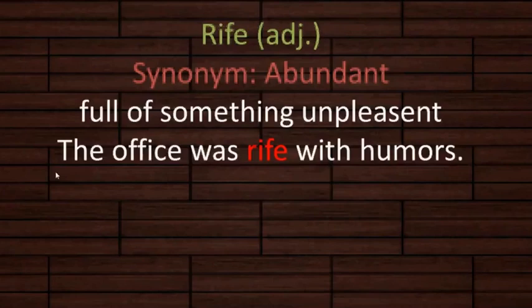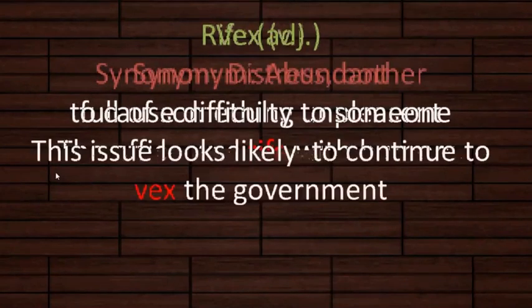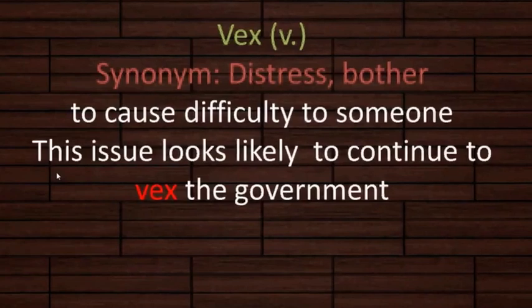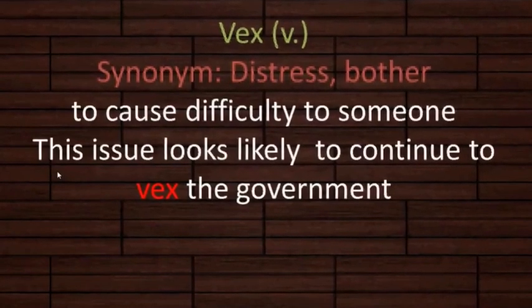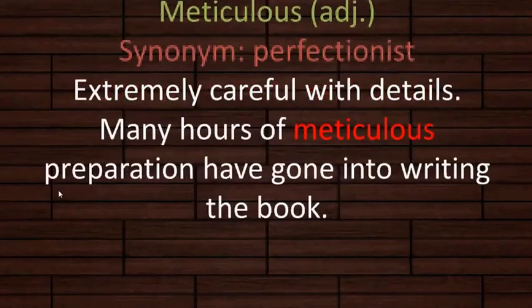But as I told you before, it does not match the definition, but it should be okay. So the example sentence is, the office was rife with rumors. Vex, synonym is distress, bother, to cause difficulty to someone. The example sentence is, this issue looks likely to continue to vex the government.